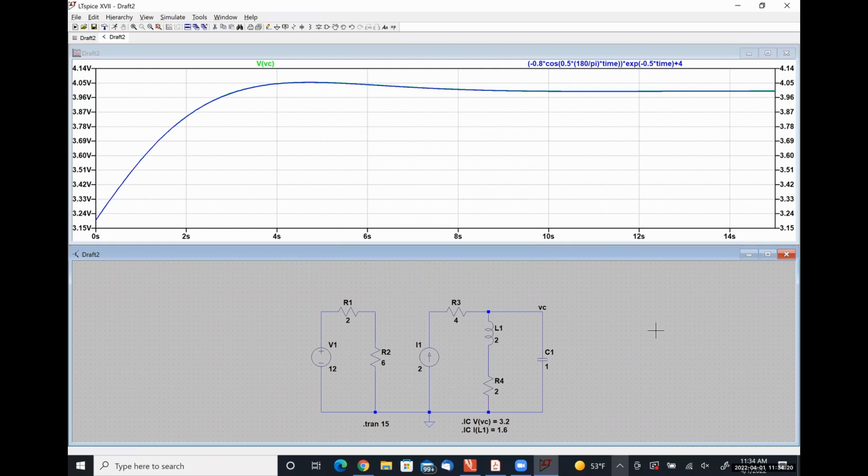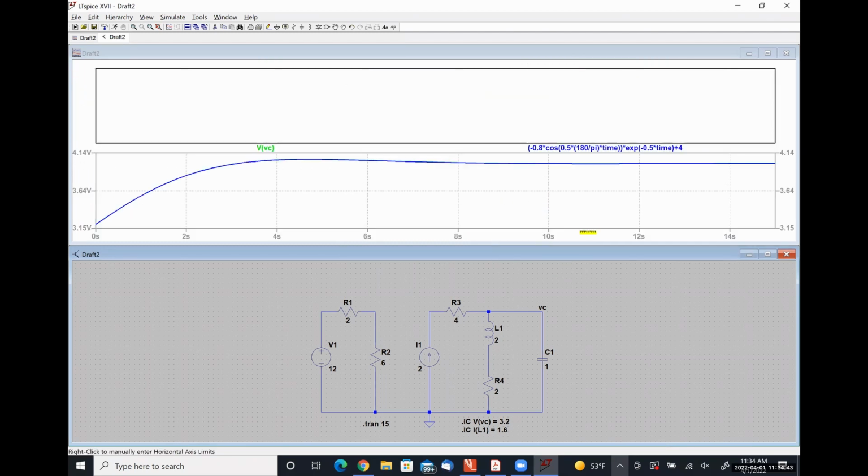All right. So now what we're going to do is look at the inductor current. On your homework problems, if you happen to have looked at them, I usually ask you to tell me what's happening with two quantities. So what I'm going to do now is right click and add a plot pane so that now I'm able to put two separate graphs into LT Spice.